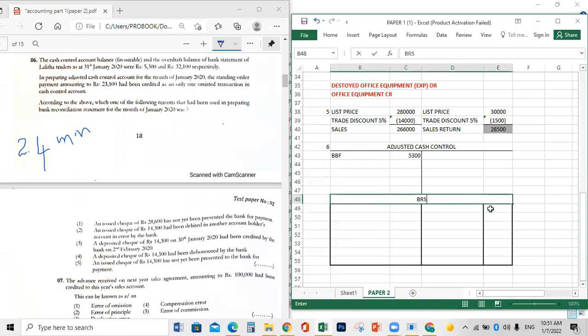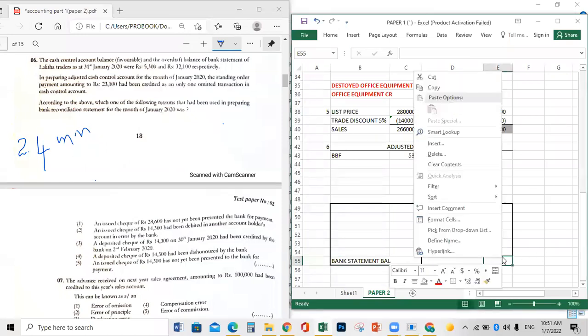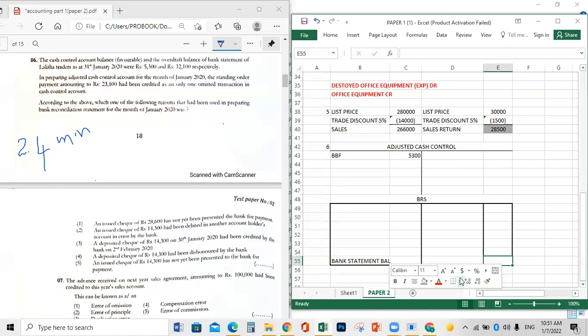When there is an overdraft balance, how do you show it in the bank reconciliation? How do you show an overdraft balance, guys? In brackets, you have to show negative in brackets. Overdraft means a negative balance which you will show in brackets. So that is going to be 32,100.